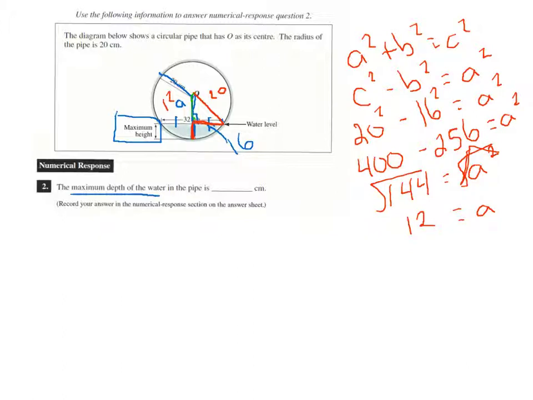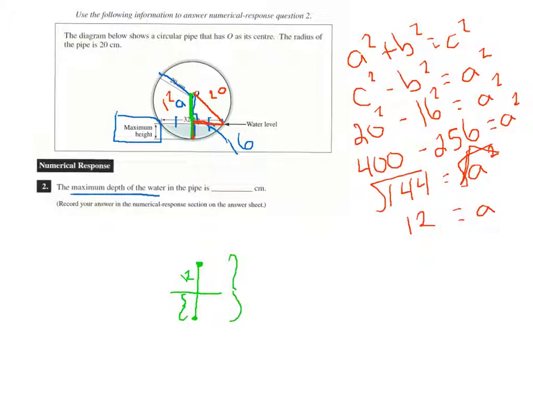We know that the radius is 20, a is 12, so if we redrew this, this would be 12, and we're looking for this distance here.